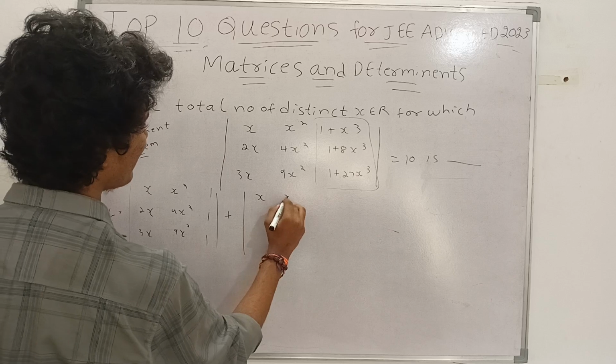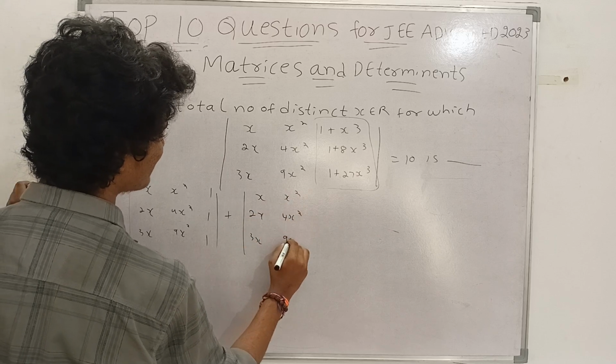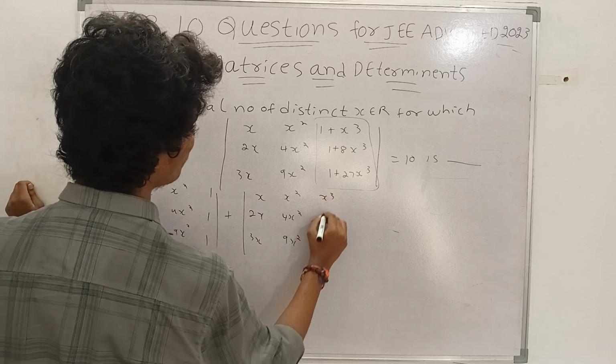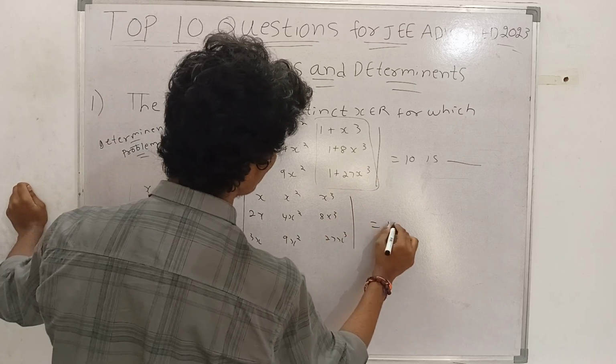Again x, x square, 2x, 3x, 4x square, 9x square, x cube, 8x cube, 27x cube is equal to 10.